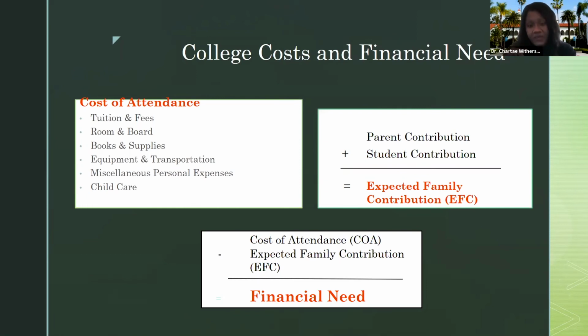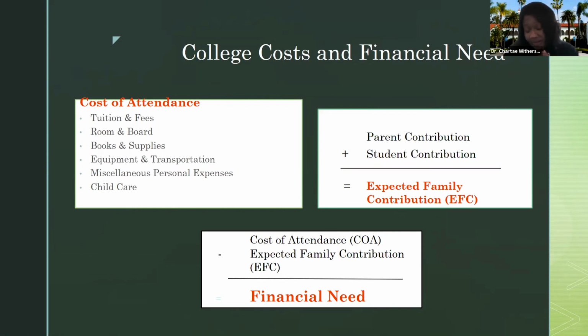That number comes up from when you do your FAFSA. All of that income information that you put on there from you and your parents, there's a formula that they have that shoots out this EFC. Based on how much you made, you should be able to contribute $1,000. Or sometimes you may not be able to contribute anything. So that's where the EFC comes from.